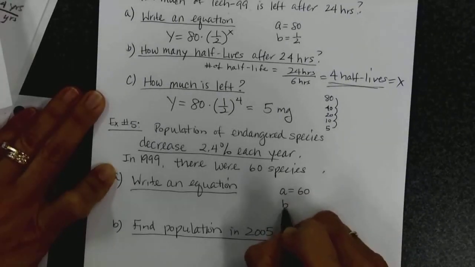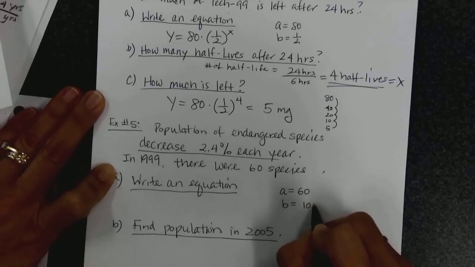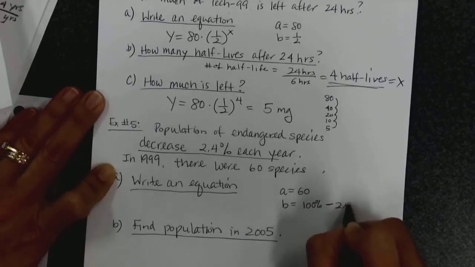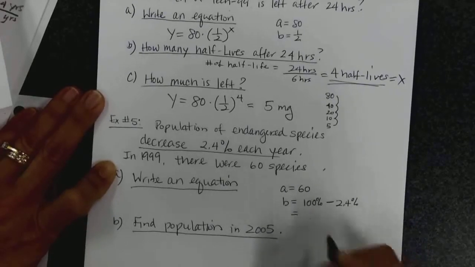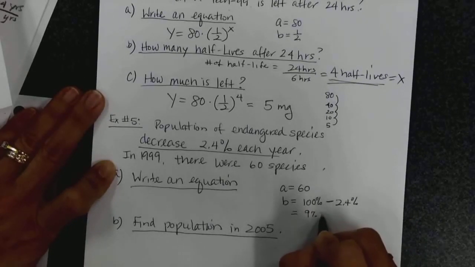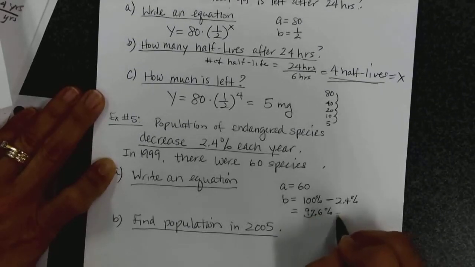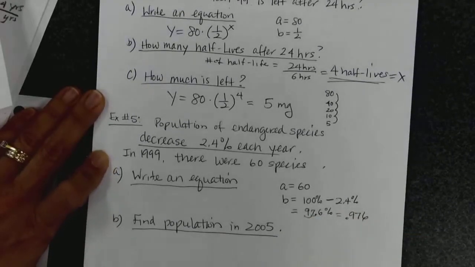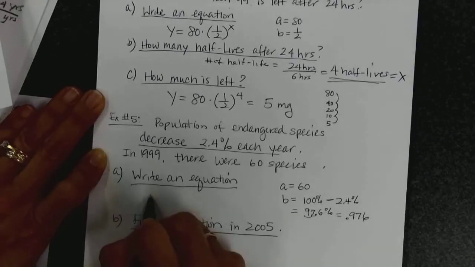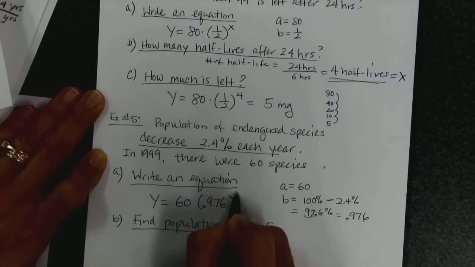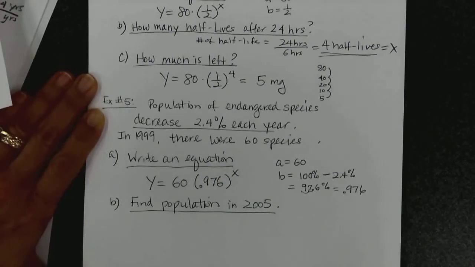This is a decay, so my B would be now, instead of 100% plus, 100% minus 2.4%, which gives me 97.6%, and that in decimal becomes 0.976. So our equation now would be y equals 60 times 0.976 to the x power.